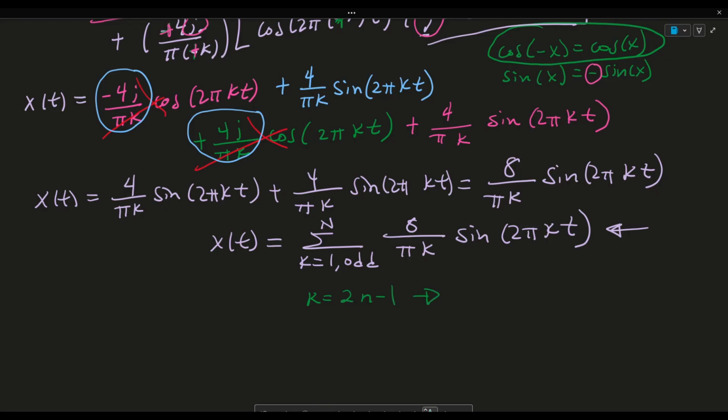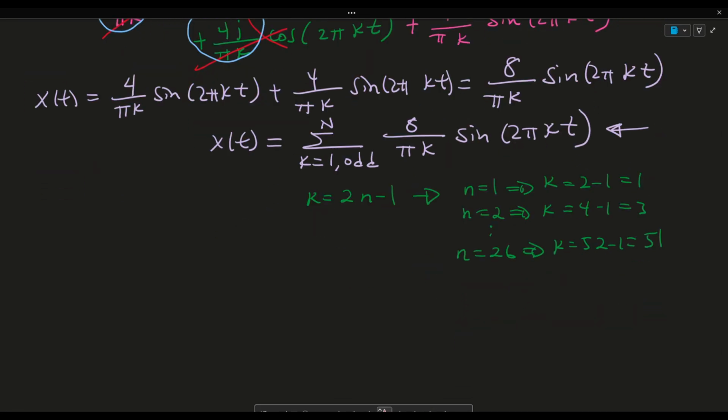And if you notice some examples, when n is equal to 1, my k is equal to 2 minus 1, which is just 1. Or n is equal to 2, my k is equal to 4 minus 1, which is 3. Or let's say n is equal to 26. So my k is 52 minus 1, which is 51.